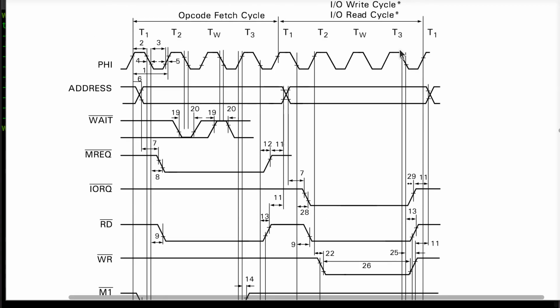Optimally, I'd like to consume it on the falling edge of T3. But I want to reuse my design. We'll see in a minute that I'm going to aim for the falling edge of TW during an I/O cycle, because that turns out to be the falling edge of T3 when there is no wait state during a memory transfer.